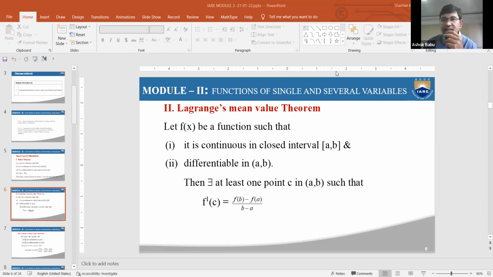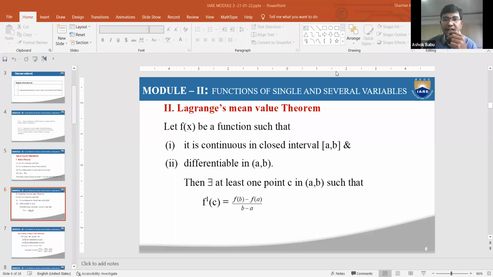Whereas in Rolle's theorem, three conditions are required to be satisfied, then only it is applicable, and then there exists c belongs to a comma b such that f dash of c is equal to 0. But in Lagrange's theorem, only two conditions are required: continuous in the closed interval a comma b and differentiable in the open interval a comma b.